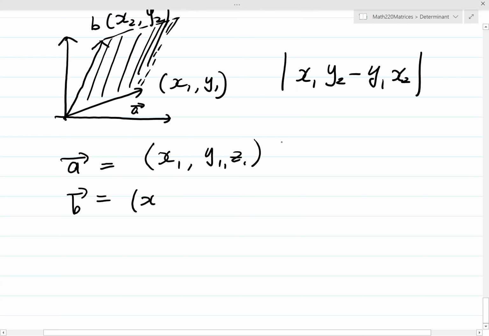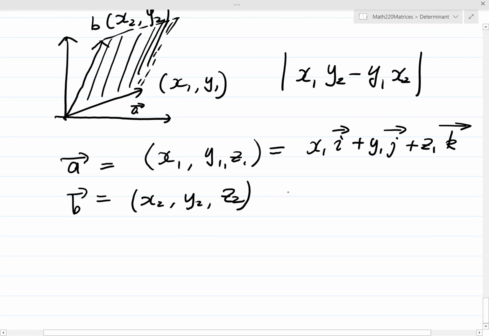In coordinate form, A is x1i plus y1j plus z1k, and B is x2i plus y2j plus z2k.